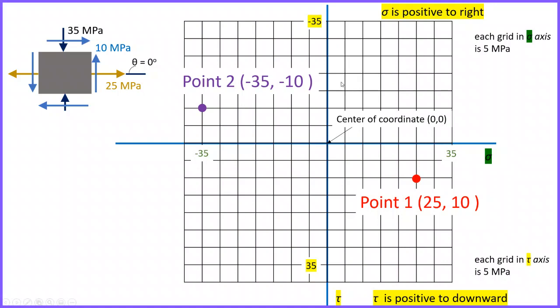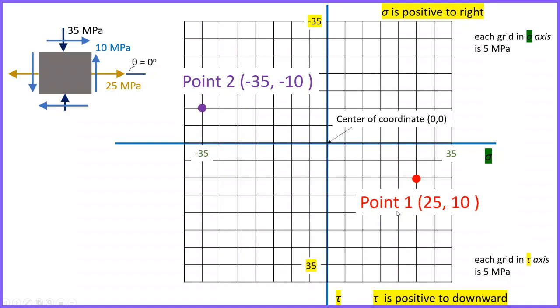Sigma is positive to the right. From here to here it is positive, and from here to the left it is negative, and the shear stress tau is positive downward, so it's 5, 10, 15, 20, 25, 30, 35, and tau is negative upward.